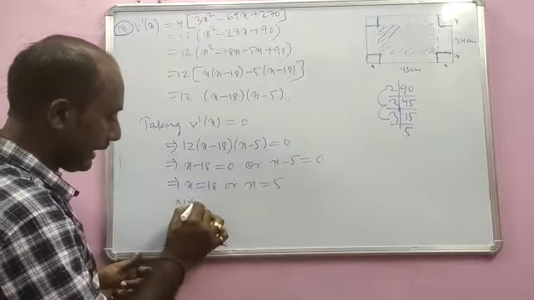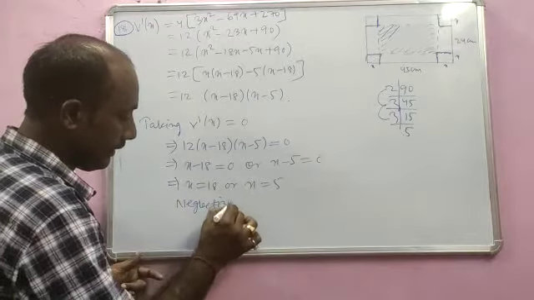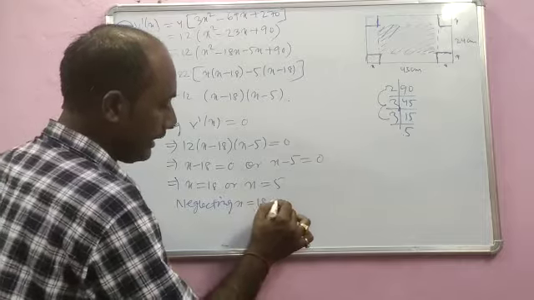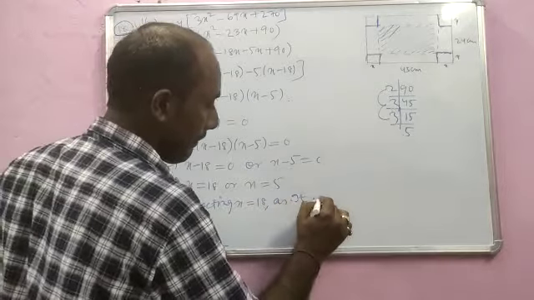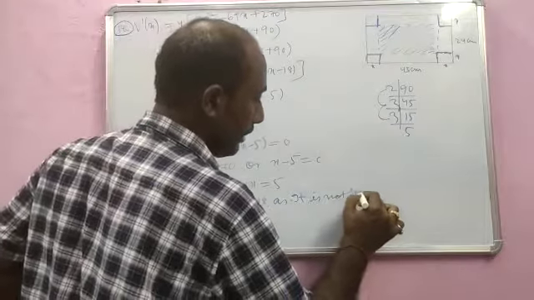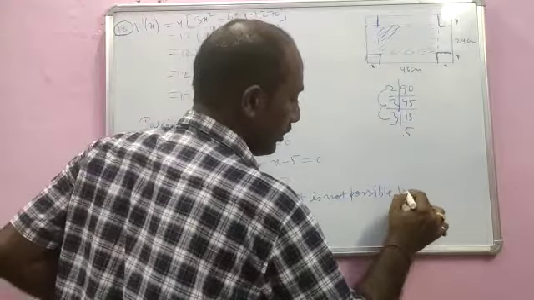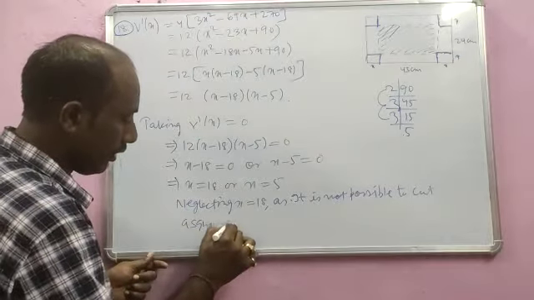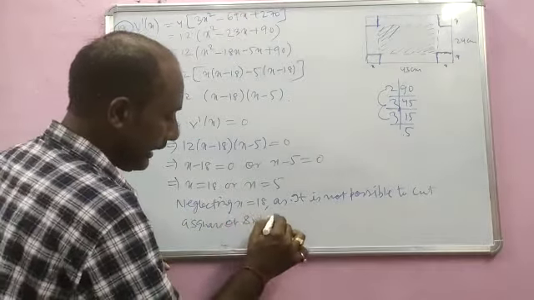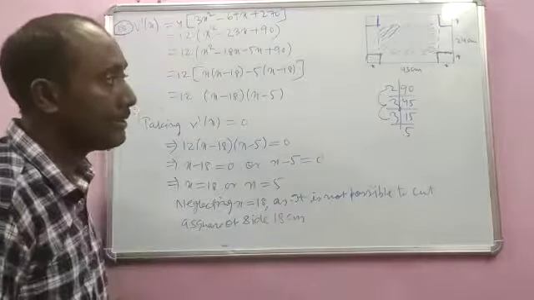So here we will neglect x is equal to 18, as it is not possible to cut a square of side 18 centimeter. Why is it not possible?